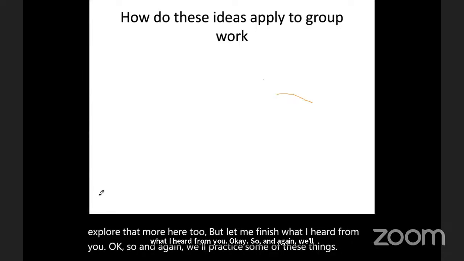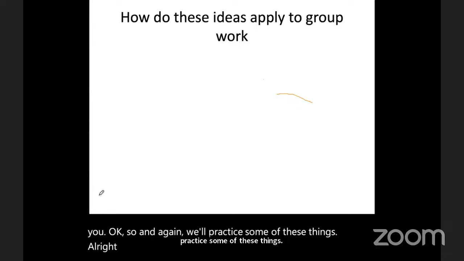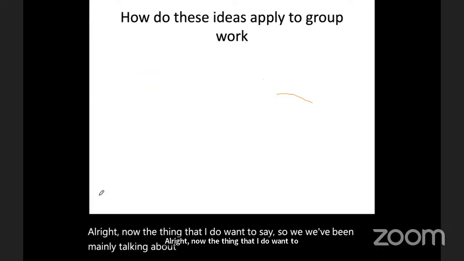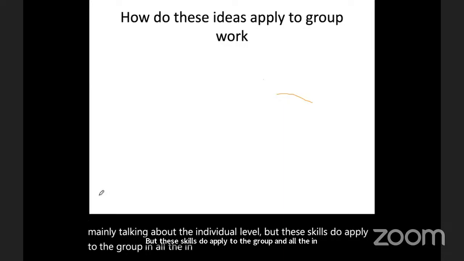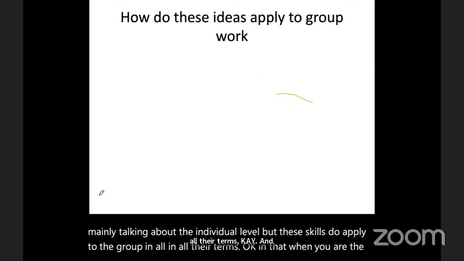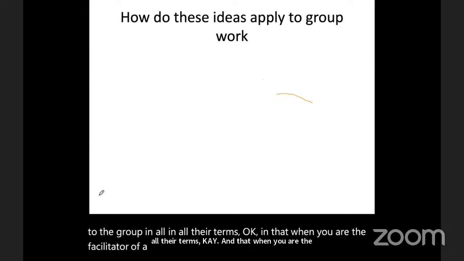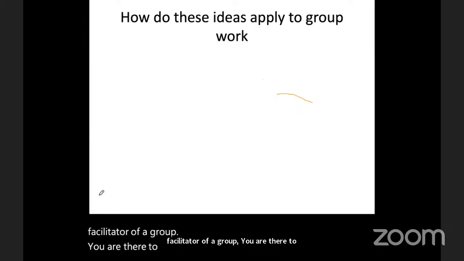All right. Now, the thing that I do want to say, so we've been mainly talking about the individual level, but these skills do apply to the group in all their terms, okay? When you are the facilitator of a group, you are there to listen, reflect, and respond, okay?